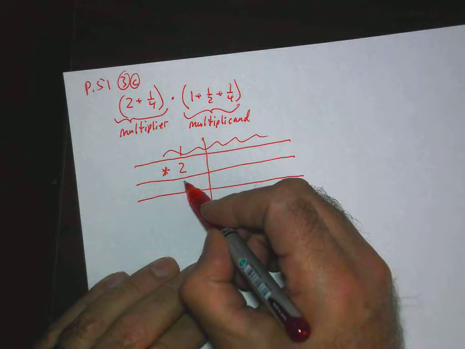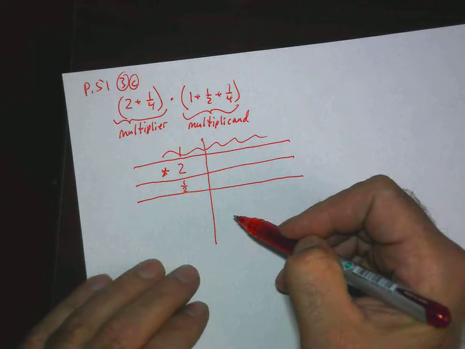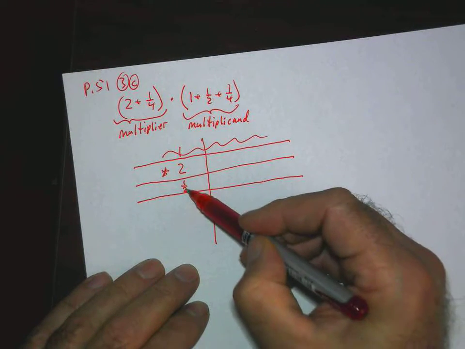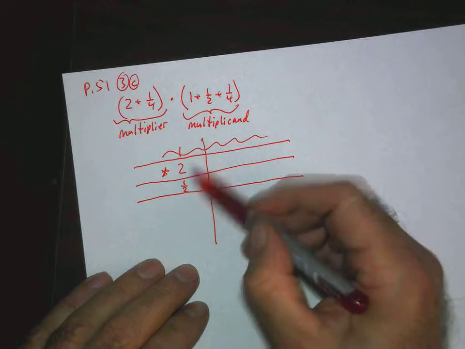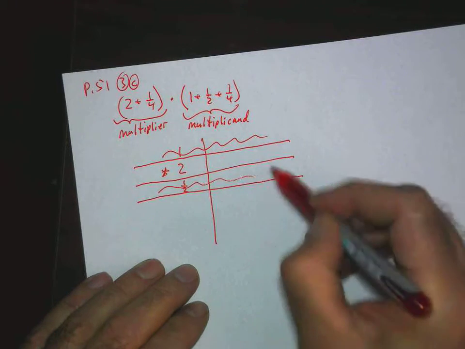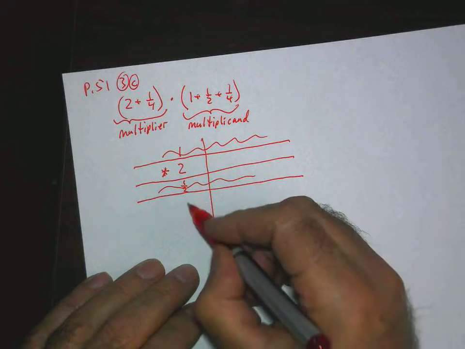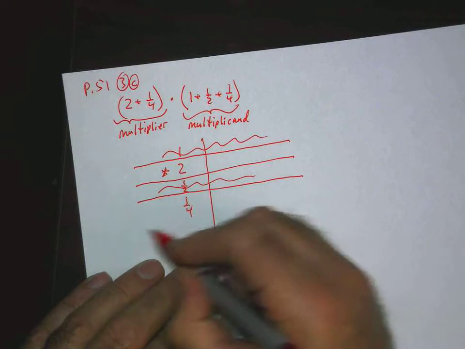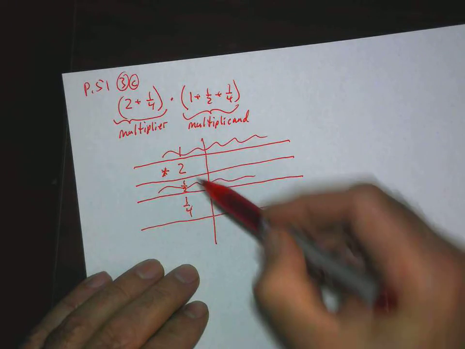So let's see, 2 to the negative 1, that's 1/2. Can I add 1/2 to the sum? I can, but if I do, I'll get something larger than the multiplier, so nope, I'm not going to add that. Okay, 2 to the negative 2, 1/4. Can I add that to the sum? Yes, I can.